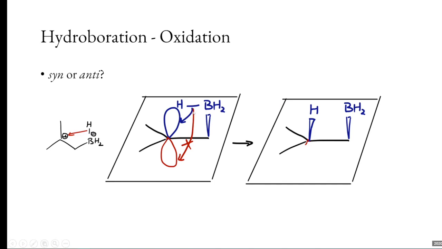But you cannot really ask a hydrogen to go all the way around a double bond just to donate its electron density to this lobe. So the H and the BH2 will be on the same side of the double bond.